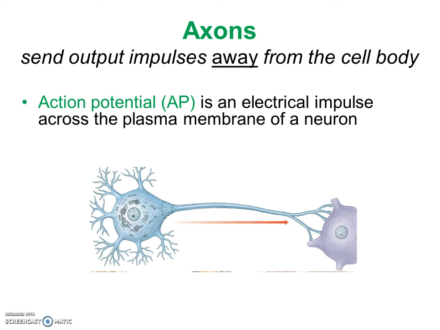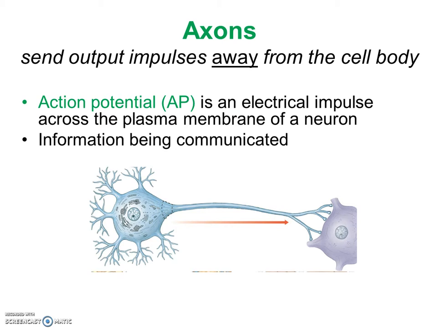Or going through a wire from your TV. That is information being sent through the wire. That's similar to the electrical impulse getting sent down an axon. It's just charges going across the membrane going down the axon. And this electrical impulse is the information being communicated.